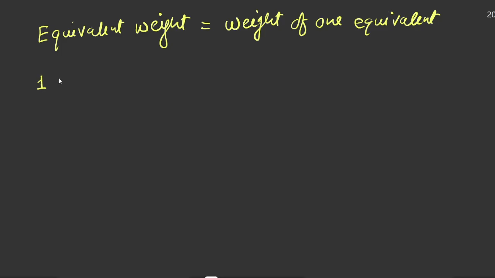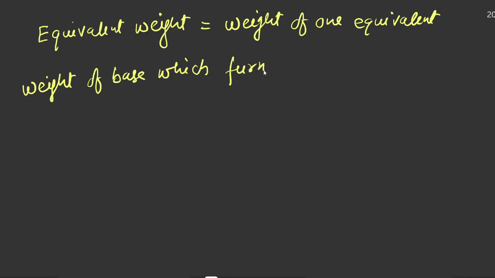So see, 1 gram of base is the weight of base which furnishes 0.04 mole of OH negative ions.